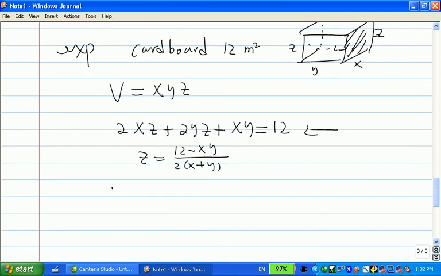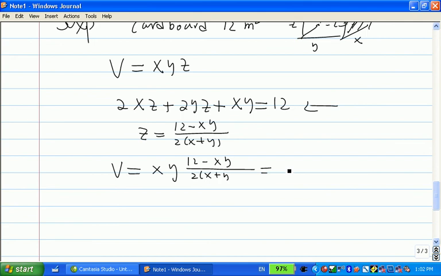So then you can plug in z in terms of x and y. You can simplify that. This gives you 2x plus y, then 12xy minus x squared times y squared.